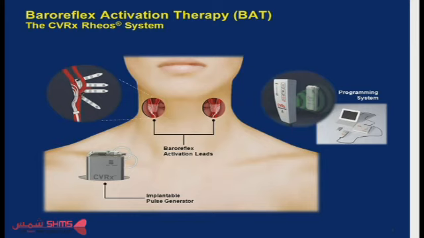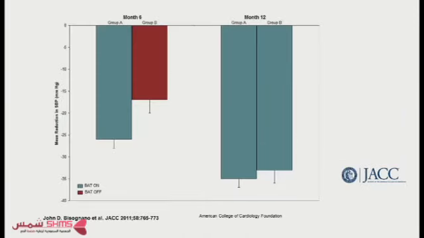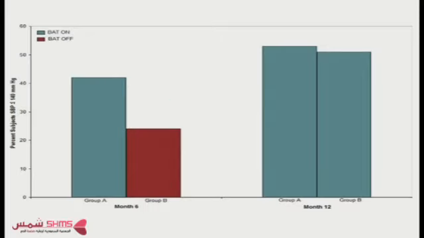When doing that, the blood pressure will get lowered. This is the trial what they tried, and this is the result. In the first 6 months, the people who did not use this receptor activation did not get blood pressure reduction. After 6 months, all the groups did that.